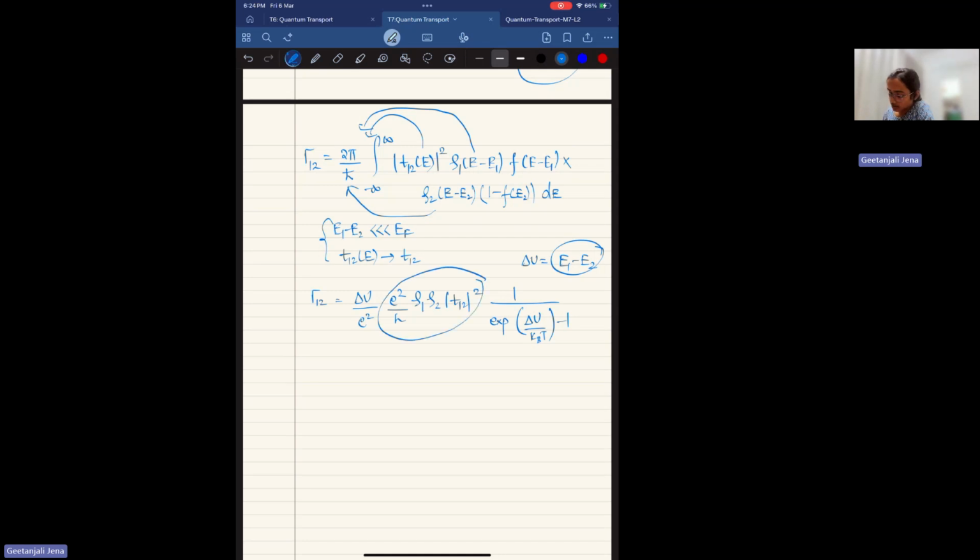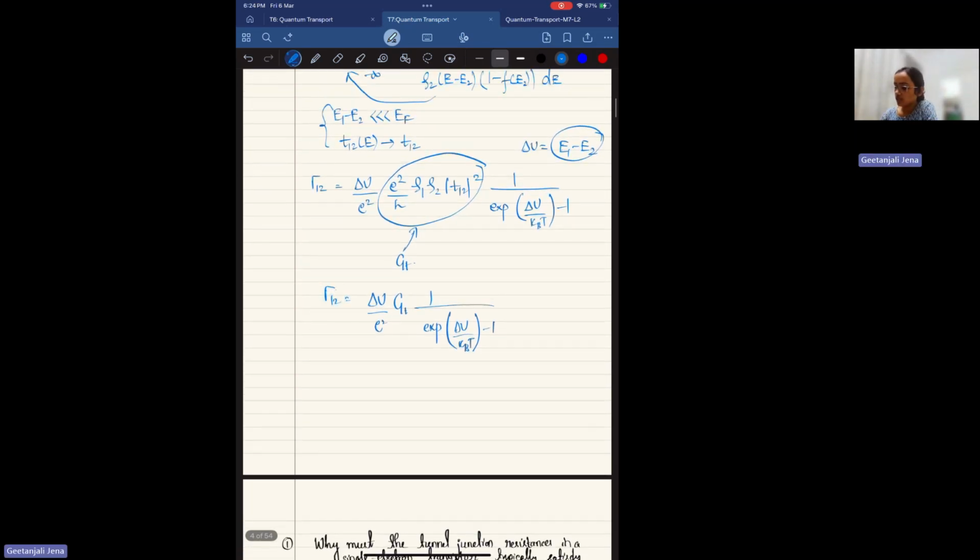And this is nothing but the conductance of the tunnel barrier, GT. So now we have gamma 1,2 as delta U by e square, GT, times 1 over exponential of delta U by kBT minus 1.